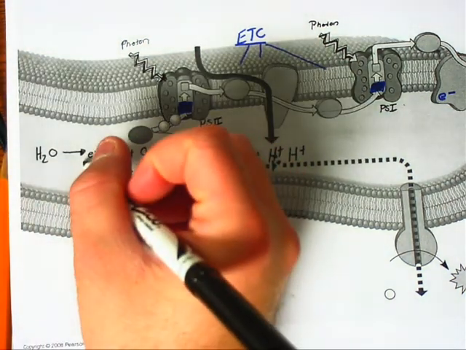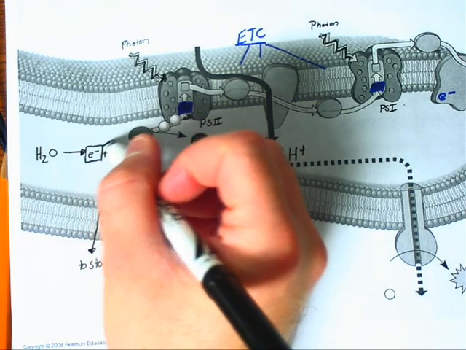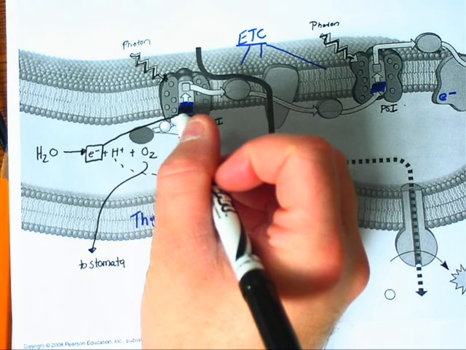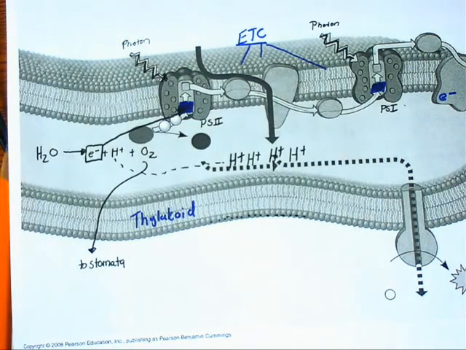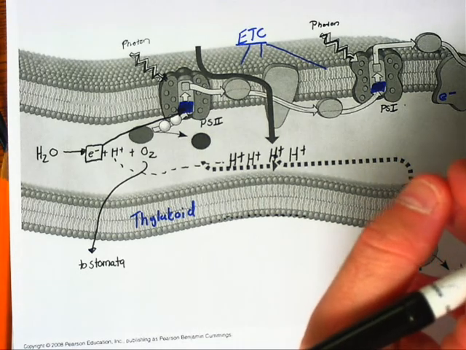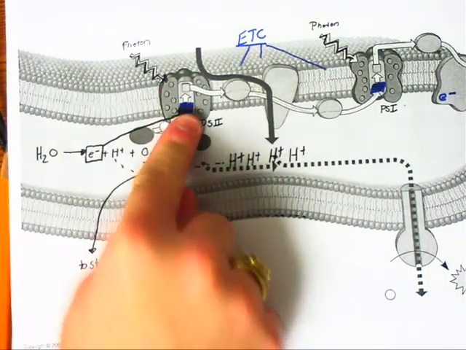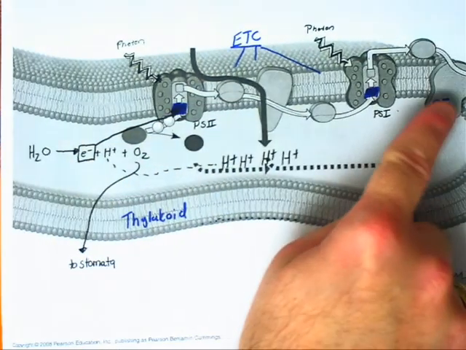Where does this electron go? That one goes on your transfer chain. It goes right there in your first reaction center on photosystem 2 to replenish the electron that was bounced up and moved around. Make sure that you get that this electron that was originally here ends up in the end over here.